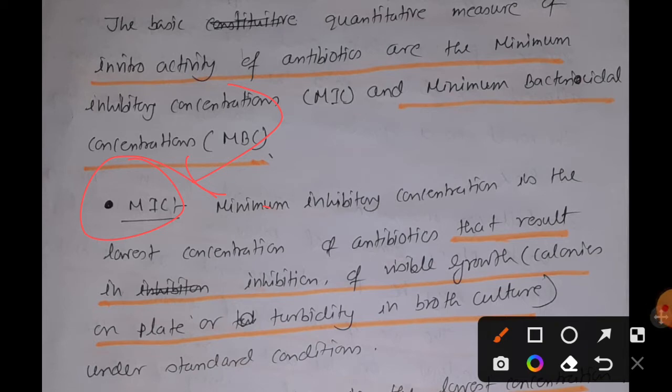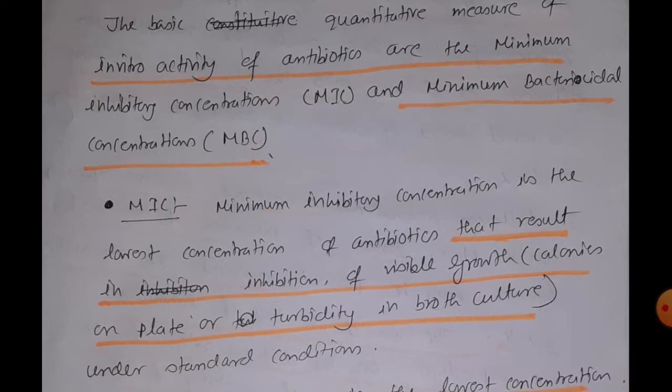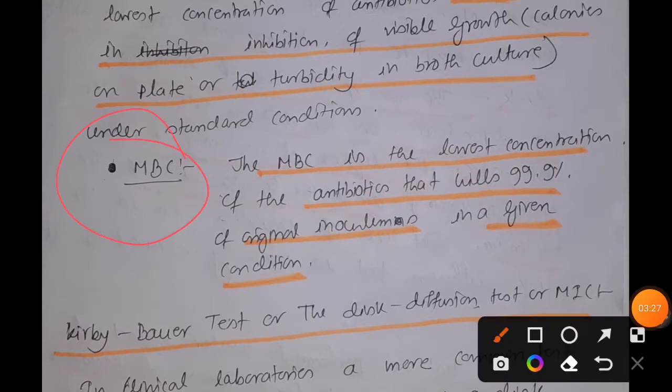MIC is the minimum inhibitory concentration of the antibiotic that results in visible inhibition of growth. Similarly, MBC is quite similar to our LD50. LD50 means the number of microorganisms that will kill half of the population. Similarly, MBC is the minimal concentration of the antibiotic that will kill 99.9% of the original inoculum in a given condition.